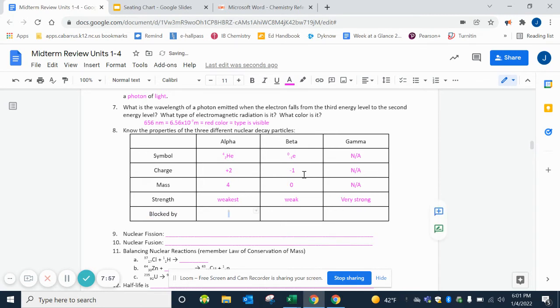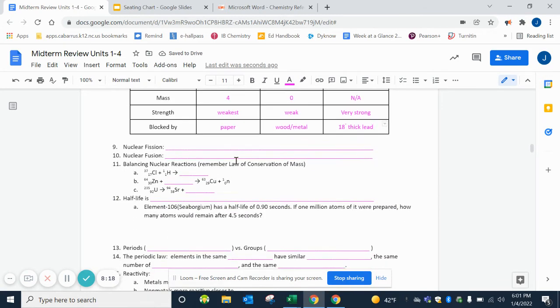So to block alpha, we can just use something as thin as a piece of paper. Beta, we need something a little bit thicker, maybe a piece of wood or a piece of metal. Gamma, we would need 18-inch thick lead. So it's really hard to protect yourself from gamma. All right, fission, division.